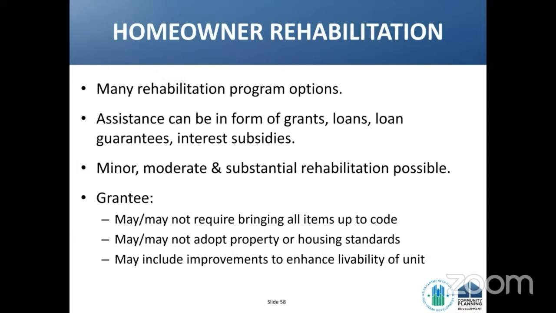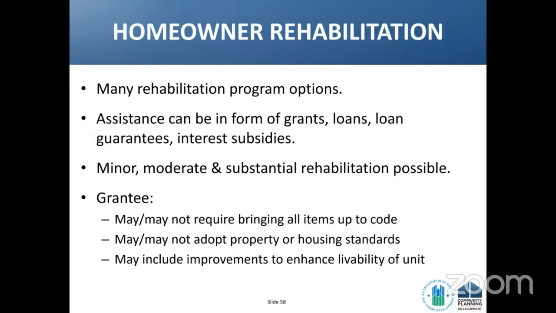When you're doing homeowner rehabilitation with CDBG, for the annual program, it doesn't require you to bring everything up to code when you're doing the rehab. You don't have to adopt property or housing standards, and you can do things to make the unit more livable for people, such as widening doors and lowering countertops so that persons with disabilities can remain in their homes.